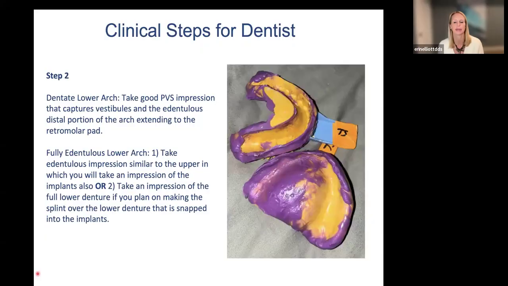So we take an impression of the lower arch, make sure you get to the retromolar pad because that's where we'll get some of our retention and stops. And then if they have a fully edentulous lower arch, we have to decide if we're making it over the implants or over the lower denture hooked onto the implants. So we'll take an impression of that as well.